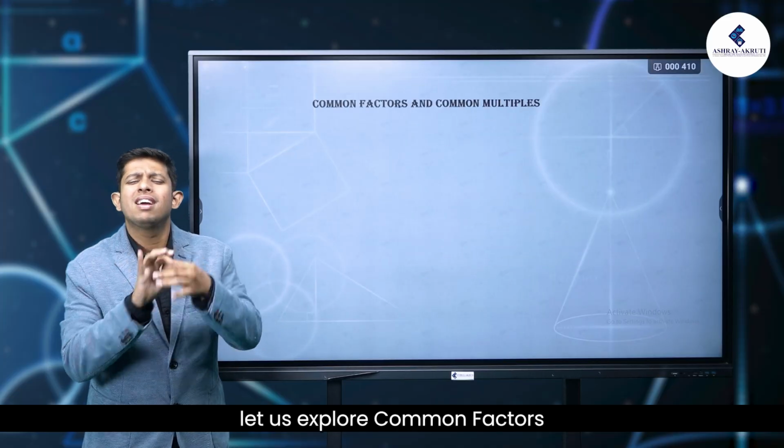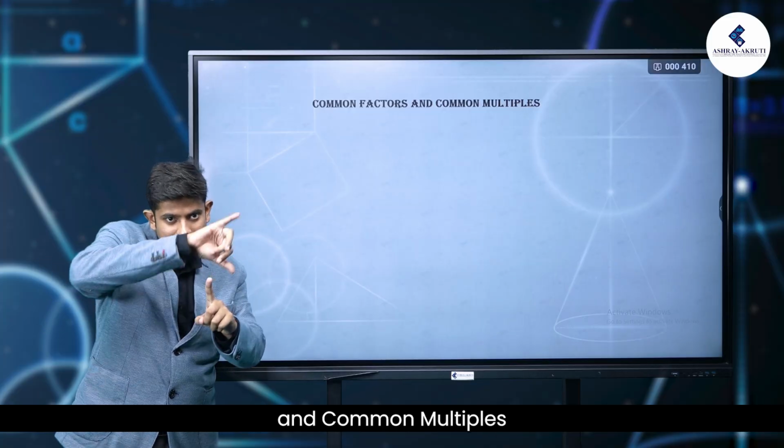Children, let us explore common factors and common multiples.